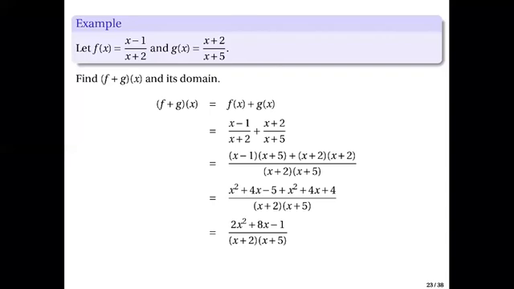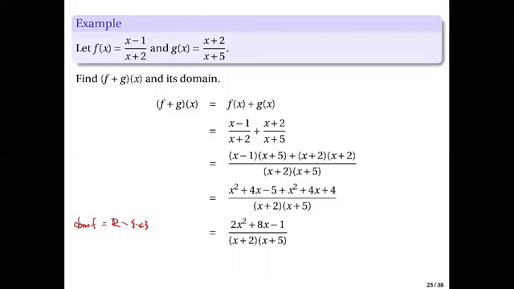Now, the domain. The domain of f, earlier, we already got it: the set of real numbers except negative 2. So this is what we got from the previous domain of f.